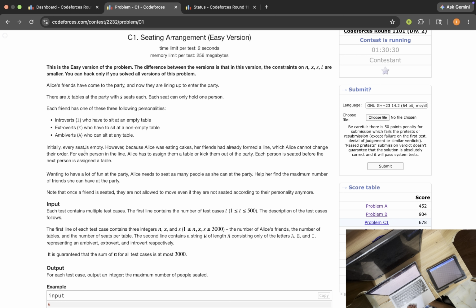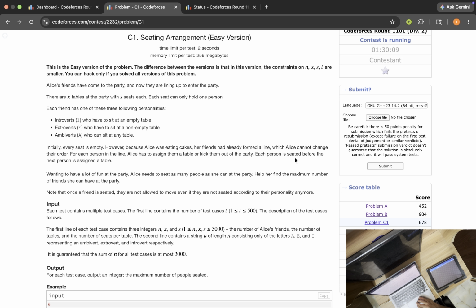Okay, initially every seat is empty. However, because Alice was eating cake, her friends has already formed a line which Alice cannot change their order for each person in the line. Alice has to assign them a table or kick them out of the party.